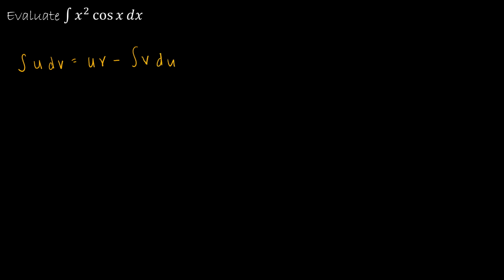And again, I've got an x squared and a cosine of x, so I have two functions. I'm going to do u, du, v, dv. And again, I can choose whichever one I want for whichever one. I'm going to choose u to be x squared, because the derivative is very easy to find, which is, of course, 2x dx.